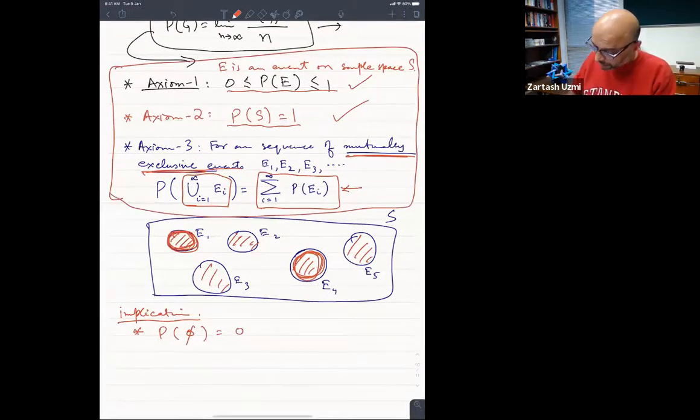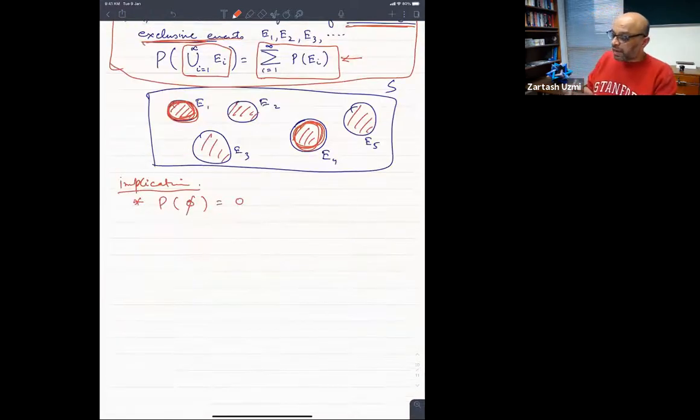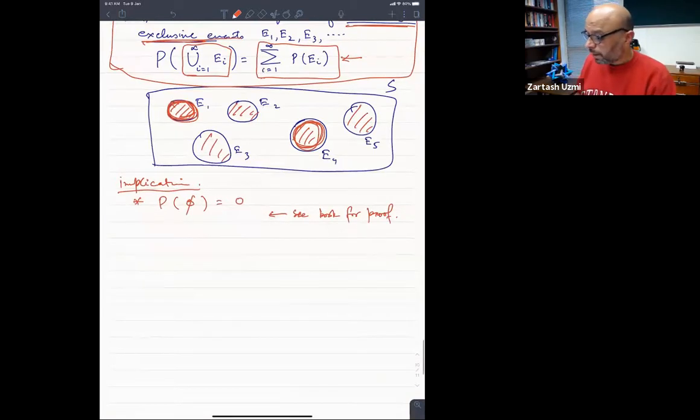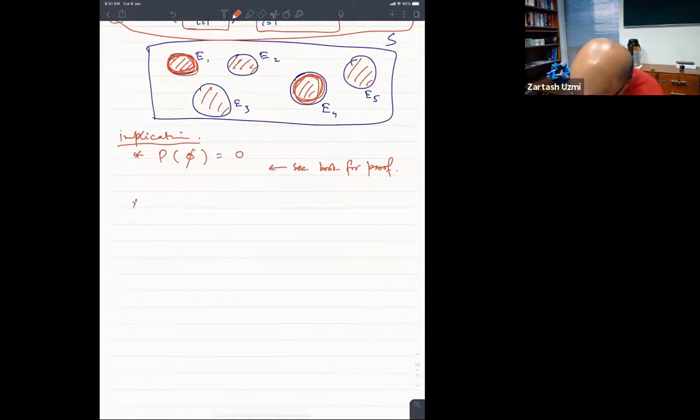But everything else which is derived from them will have a proof. So see the book for proof. It is a very simple proof, just one line.